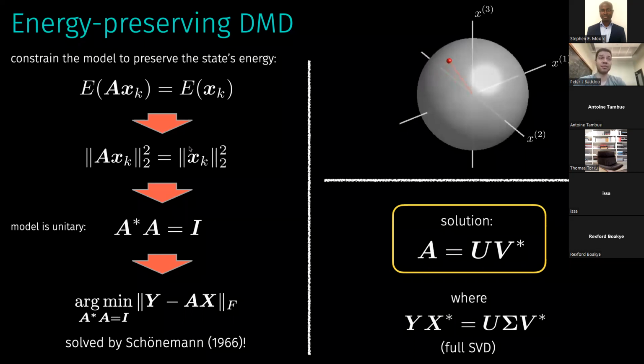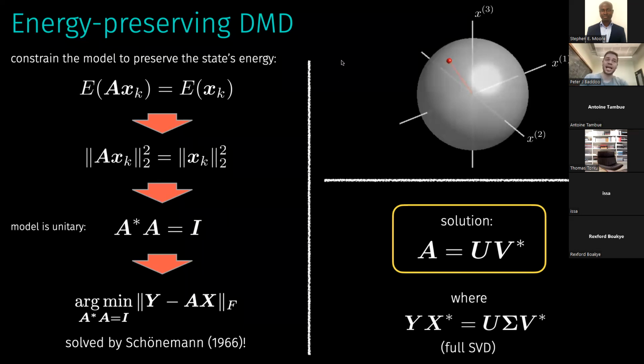So if the energy of the state is just its 2 norm, and we want our matrix to preserve energy, well, then we just need our model A to preserve the 2 norm of the state. So the 2 norm of xk should be the same as the 2 norm of A times xk. Geometrically, this just says that the length of the vector isn't changing. It's either being rotated or maybe reflected.